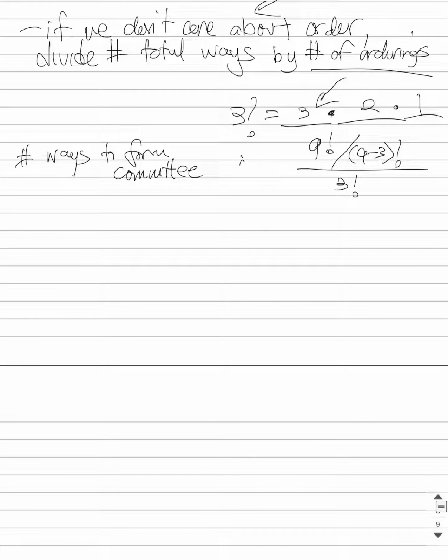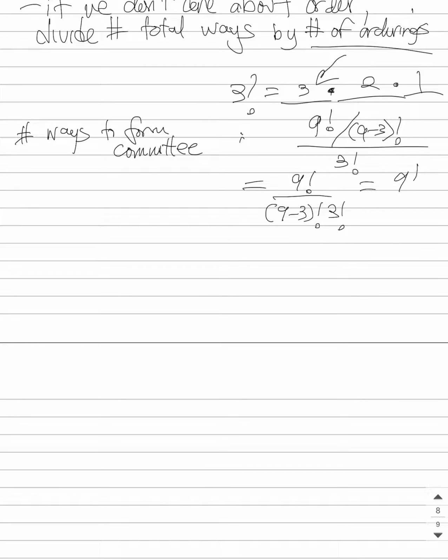It will turn out to give us 9 factorial over 9 minus 3 factorial, over 3 factorial. Now what we'll have is 9 factorial over 6 factorial times 3 factorial. That's going to end up giving us 504 divided by 6, which is going to be 84 ways.